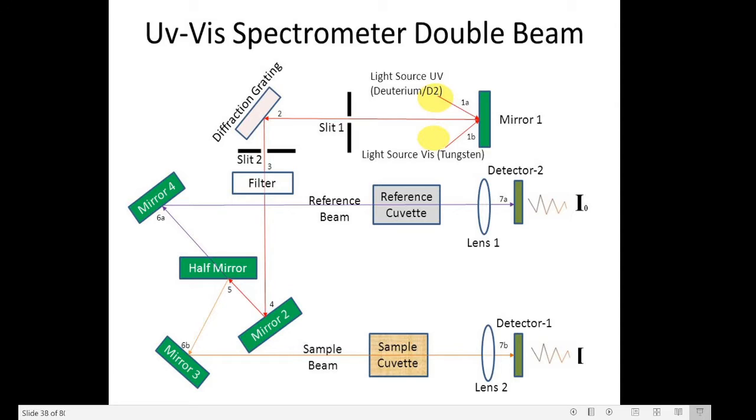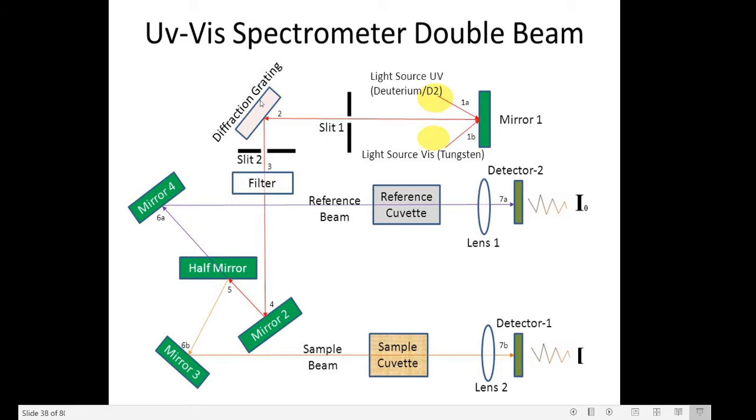Another thing is, after absorbance by the molecule, this mirror reflects the light to the diffraction grating.